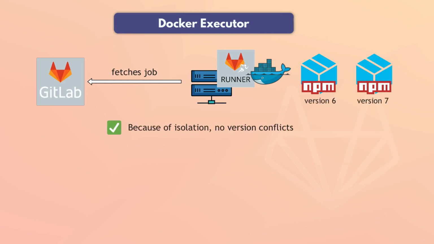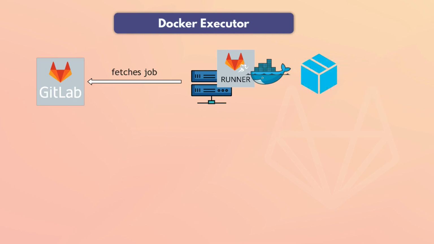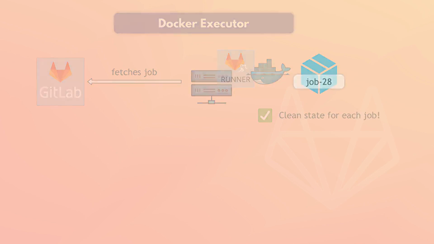So basically, you execute one job in a Docker container which has npm version 6, and you execute another job in another Docker container with npm version 7. You have no conflict of versions at all. And finally, each job will be executed in a fresh new container, as I said, so no leftovers of the previous job, and you have a clean state for each job.